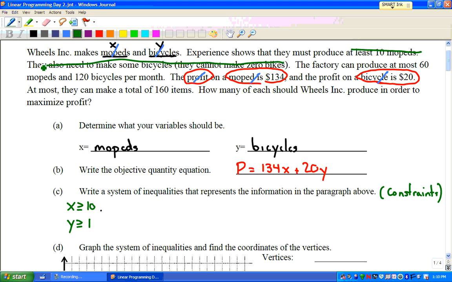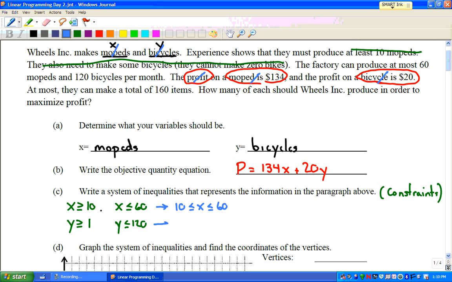Cross it off. The factory can produce at most 60 mopeds. So x has to be greater than or equal to 10, but also less than or equal to 60. This can also be written as 10 is less than or equal to x, which is less than or equal to 60. That's another way we could write it. The most they can produce is 120 bicycles, so y has to be less than or equal to 120.